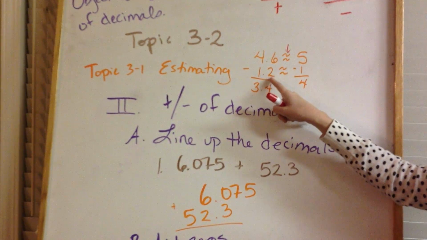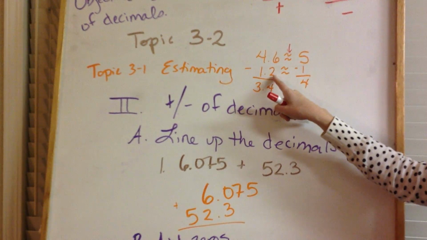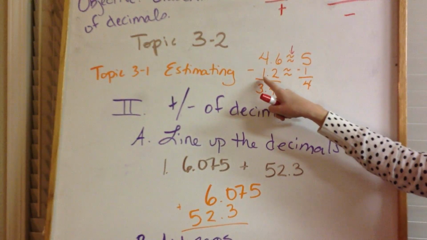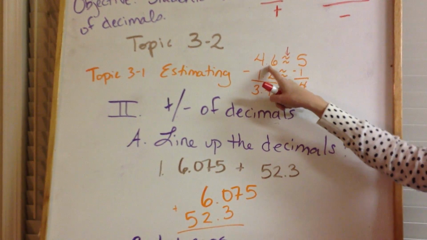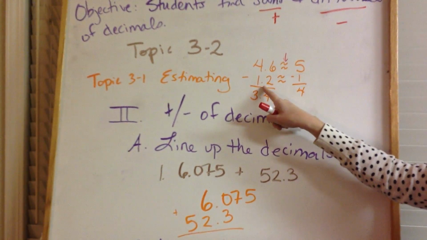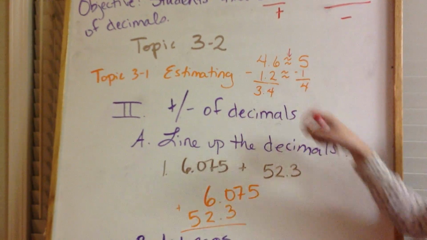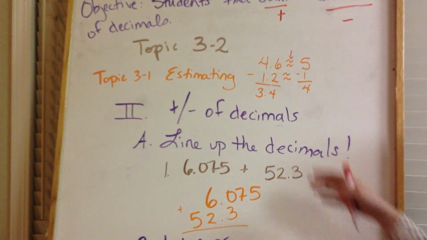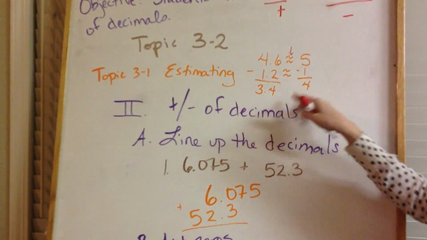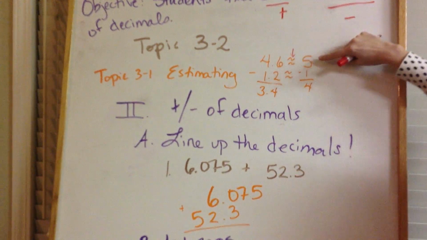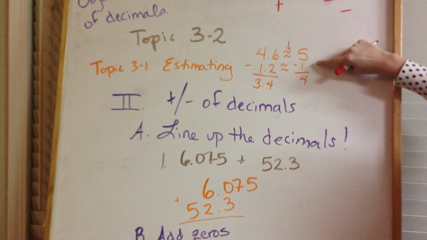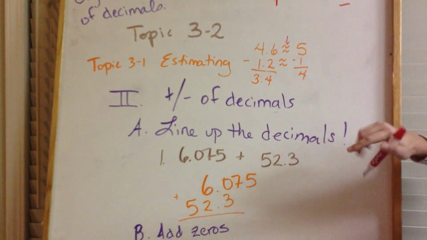If the number next to the number that we're rounding is 4 or lower, then we round down. So 4.6 rounds up to a 5, 1.2 rounds down to a 1. So 4 6/10 minus 1 2/10 is really 3 4/10, but we estimated it: 4 6/10 is a 5, 1 2/10 is a 1, we subtract that, it's around 4, it's pretty close.